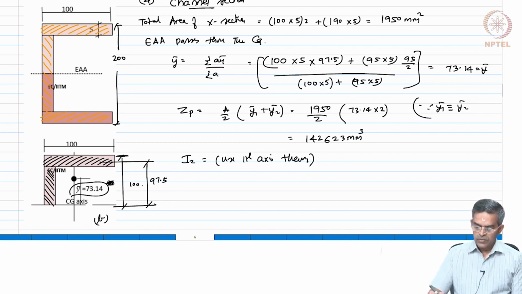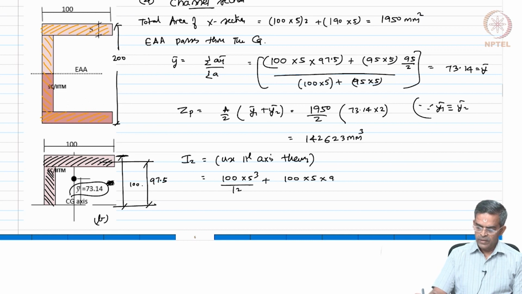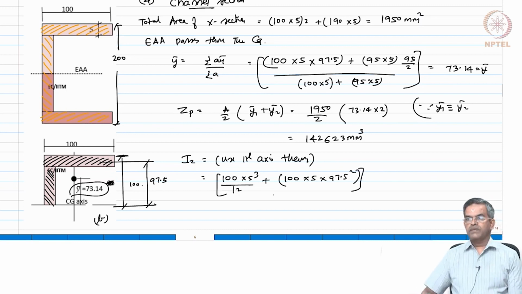Okay. So, let us do that. 100 into 5 cube by 12 plus 100 into 5 into 97.5 square, that is my first piece.